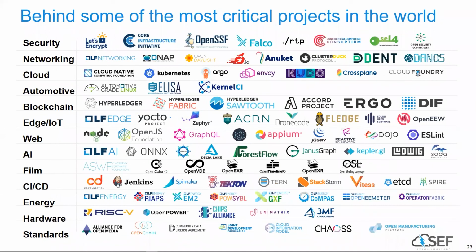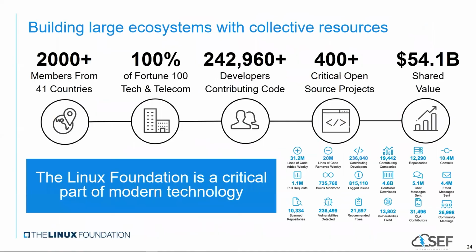So whatever the environment or application is, you've seen the Linux Foundation open source software running behind some of the most critical projects in the world, whether it's security, cloud, automotive, blockchain, various hardware and standards. And again, by the numbers, you can see the Linux Foundation specifically is a huge and still rapidly growing critical part of modern technology development, where everybody can work with the best in class ideas and help each other to support the future development of various hardware in an open platform.